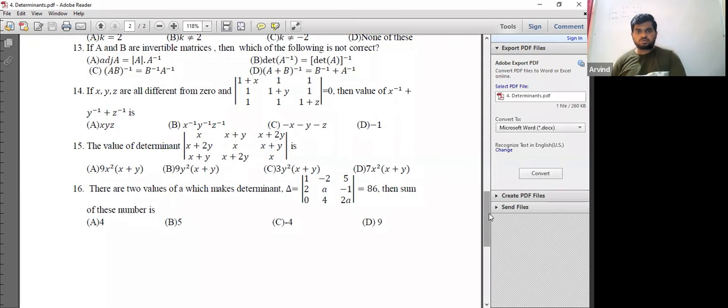You can use properties, or directly if you want to find, you can find it.